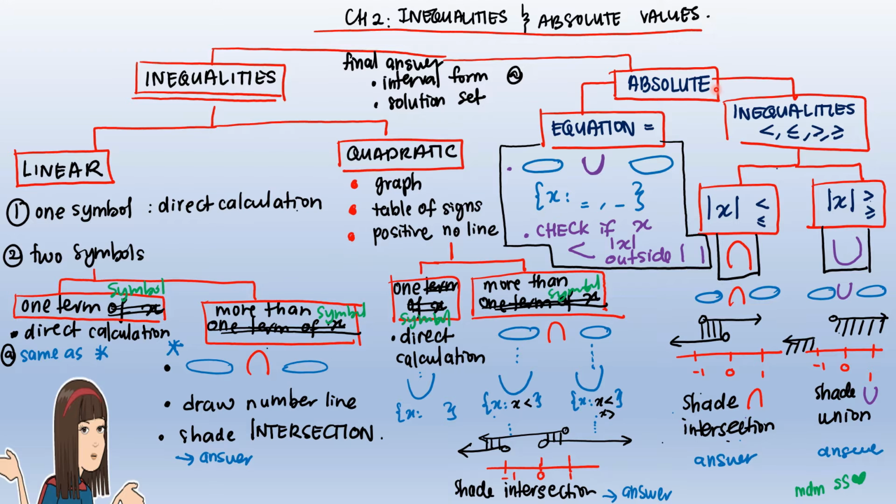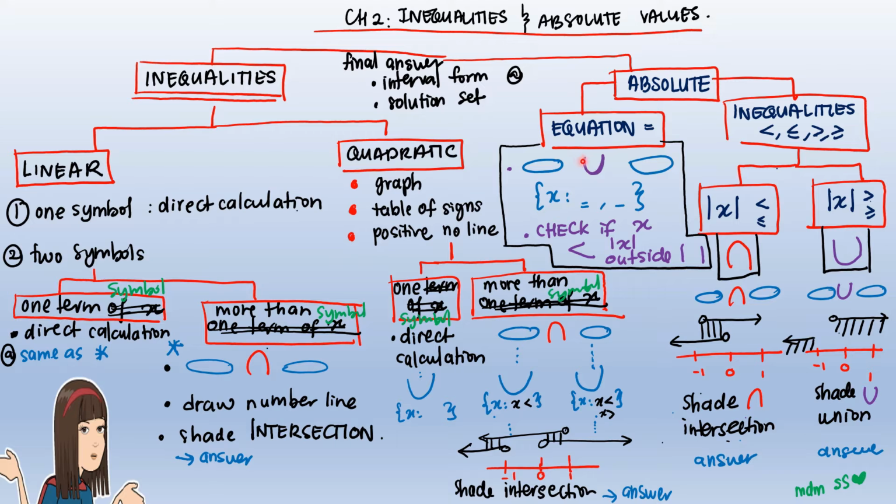Alright, next we move to absolute values. We have equations and inequalities. For absolute equations, you still have to divide them into two. The first one is positive, and the second one you have a negative on your left hand side. The symbol you are using is "or".